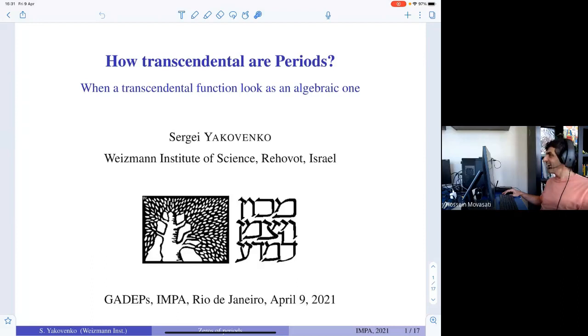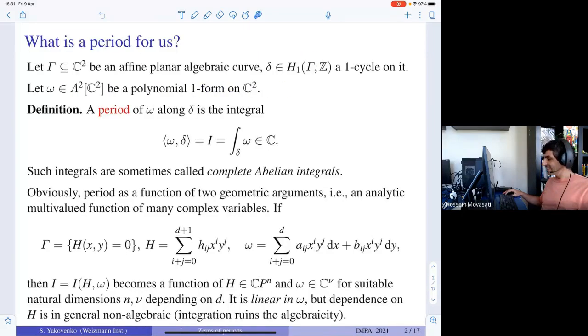Since it is plural, I will talk about lots of periods actually. So, what is a period for me? Different people try to understand different things. I will restrict myself to the simplest, the most basic situation.